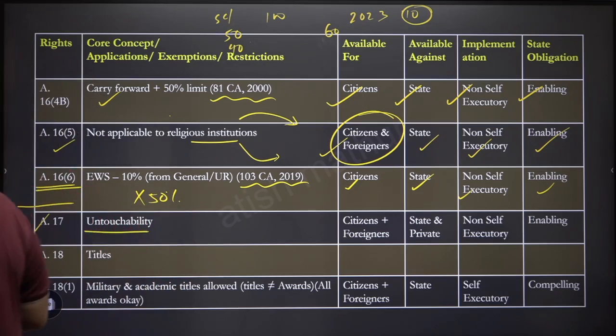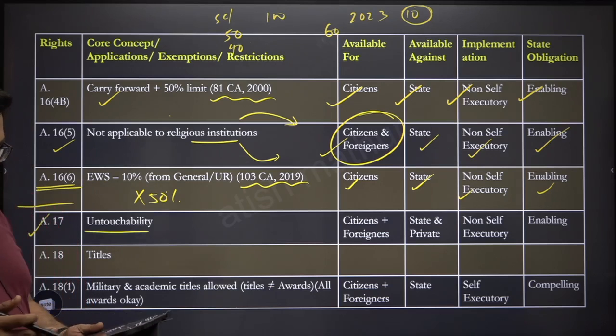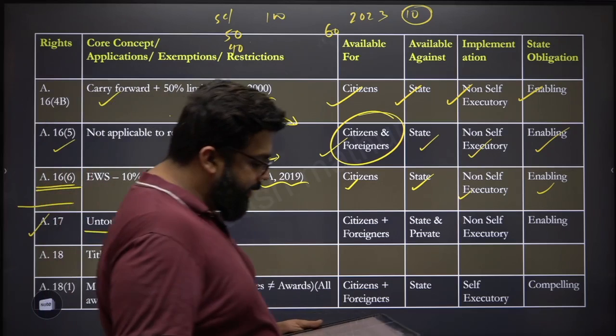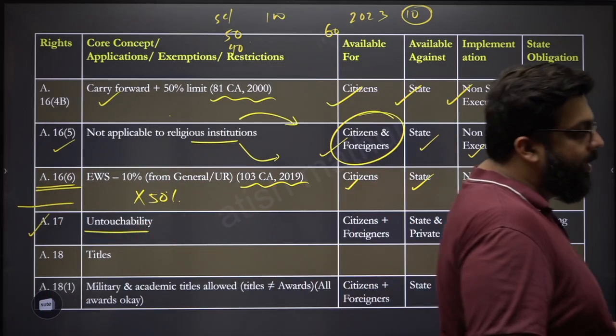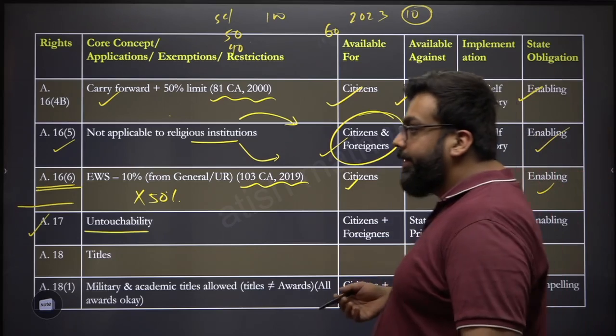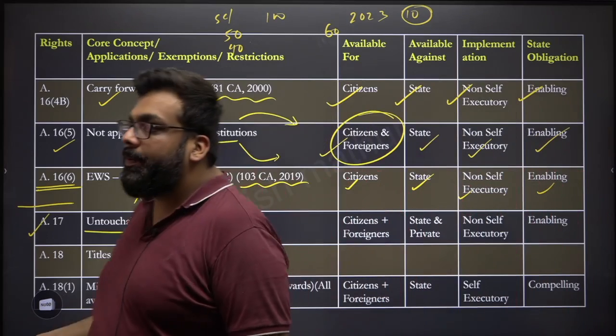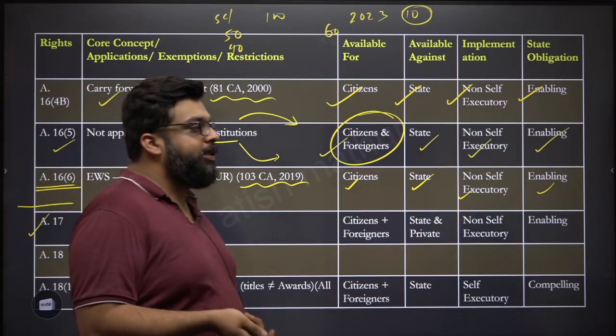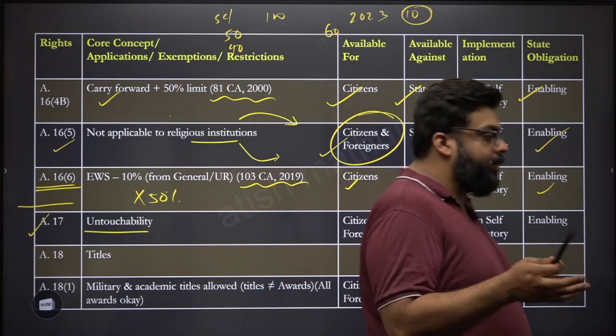Now, the text of Article 17 is very clear. It mentions person, it does not mention citizens only, and therefore Article 17 clearly says untouchability is abolished and its practice in any form is forbidden. The enforcement of any disability arising out of untouchability shall be an offence punishable under law, which means not only is untouchability criminal, but if there is any disadvantage given to a person because of the practice of untouchability, that will also be criminal.